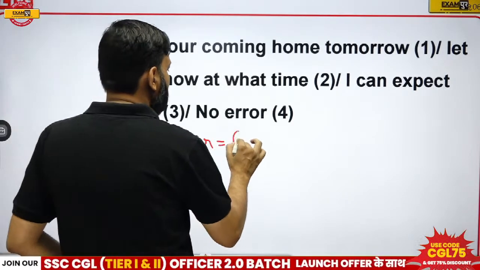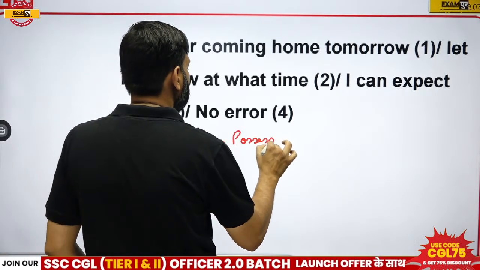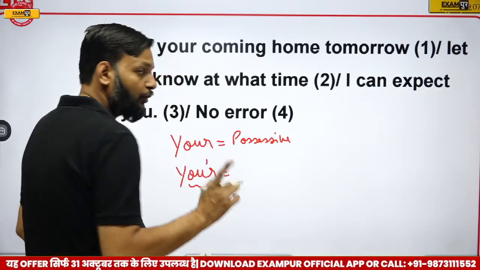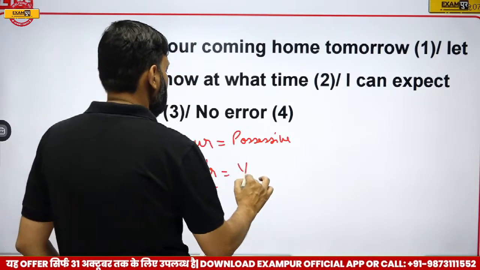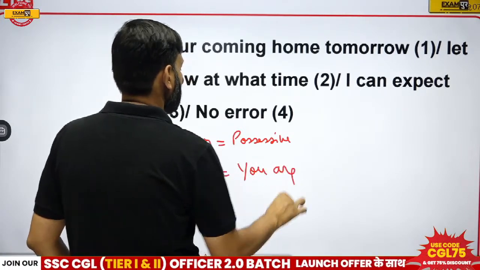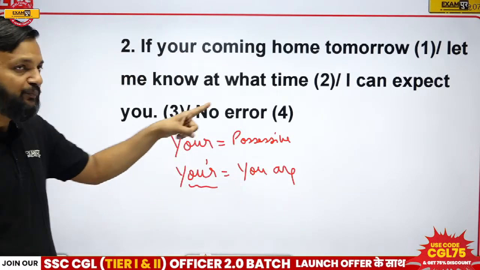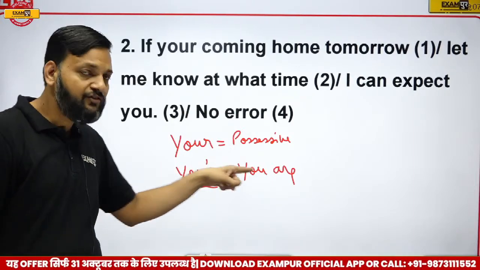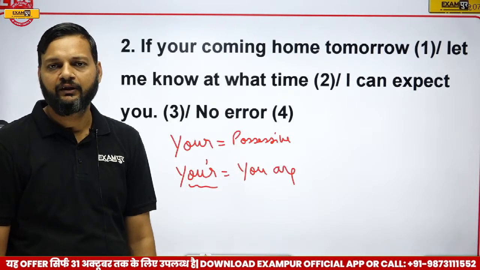Your is a possessive word, whereas you're, with this apostrophe, is the contracted form of you are.